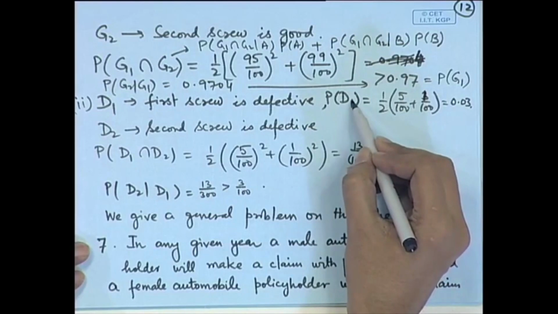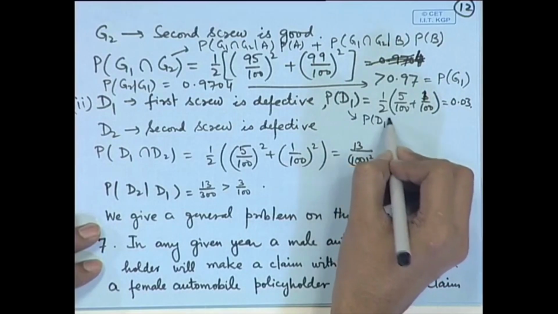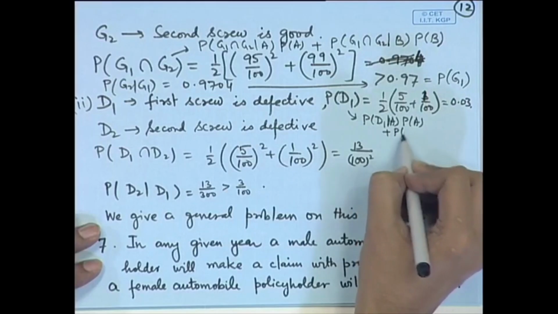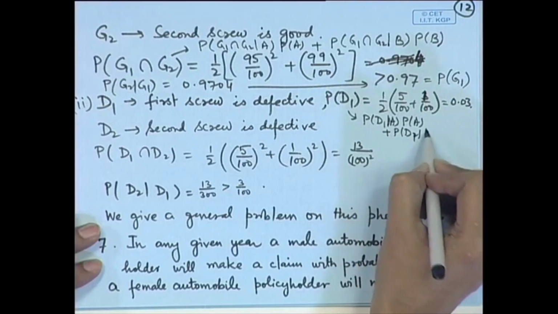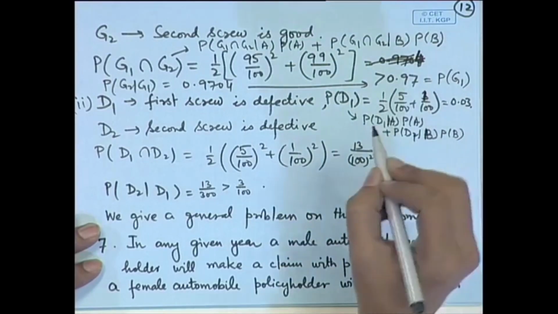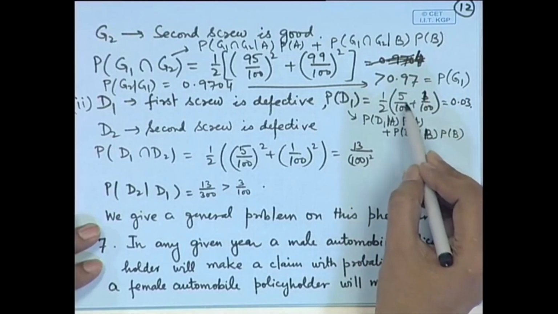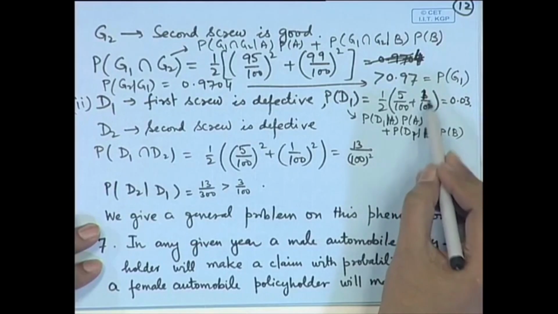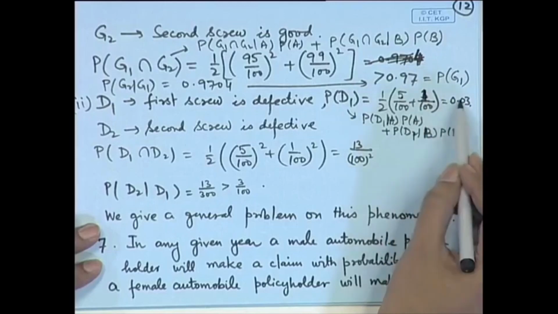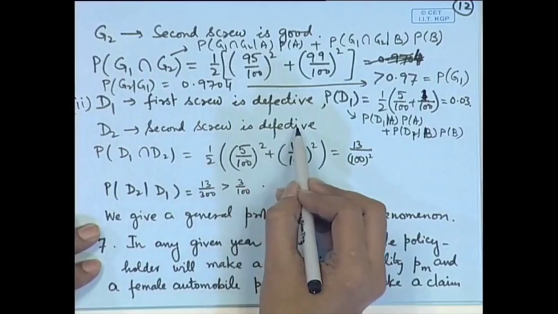So, probability of D1, using the argument which we considered earlier, we can write as probability of D1 given A into probability of A plus probability of D1 given B into probability of B. So, this is equal to half, the 5% from supplier factory A are defective, that is 5 by 100, and 1% from supplier B are defective, so it is 1 by 100. So, it is 0.03.